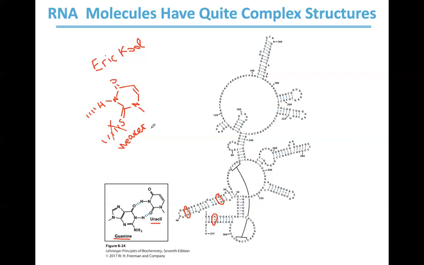Originally, when DNA was discovered, everybody thought it was all about hydrogen bonds, and actually we still teach that. Most textbooks are still written that way, that Watson-Crick hydrogen bonding is a driving force in double helix formation.